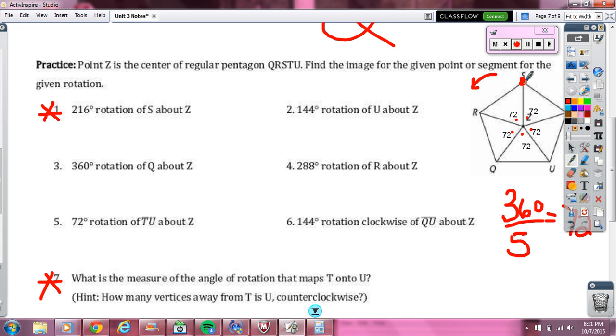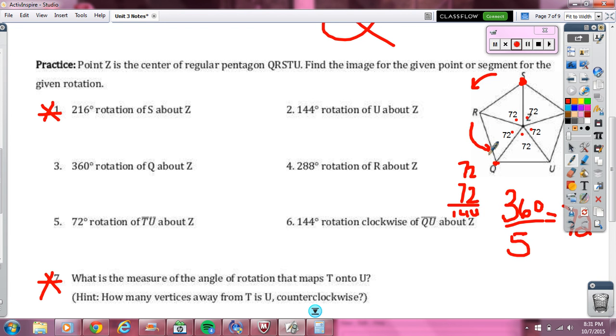If I go from S to R, I've only gone 72 degrees. If I go from R down to Q, I'll have gone 72 and then another 72, a grand total of 144. That's still not enough.